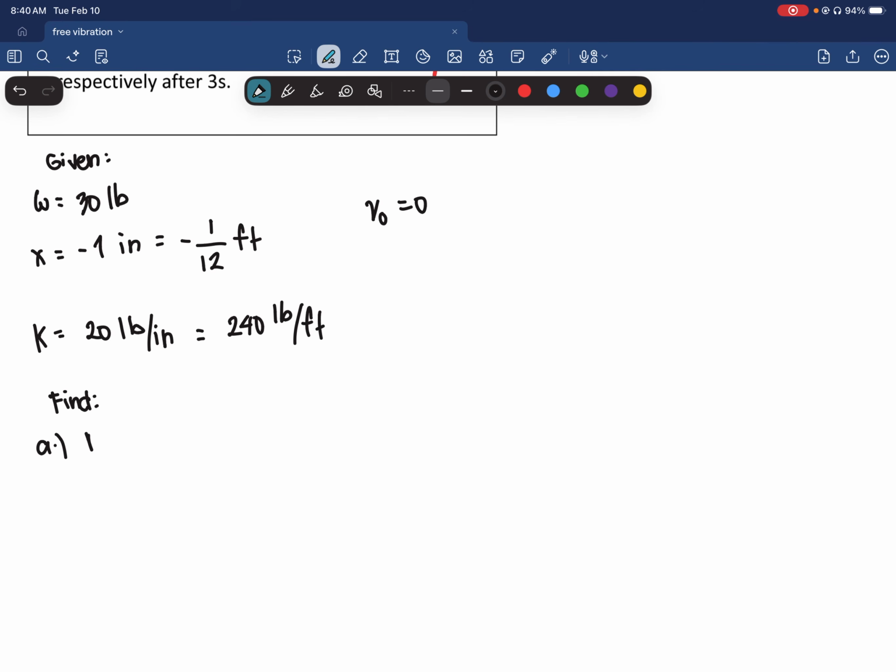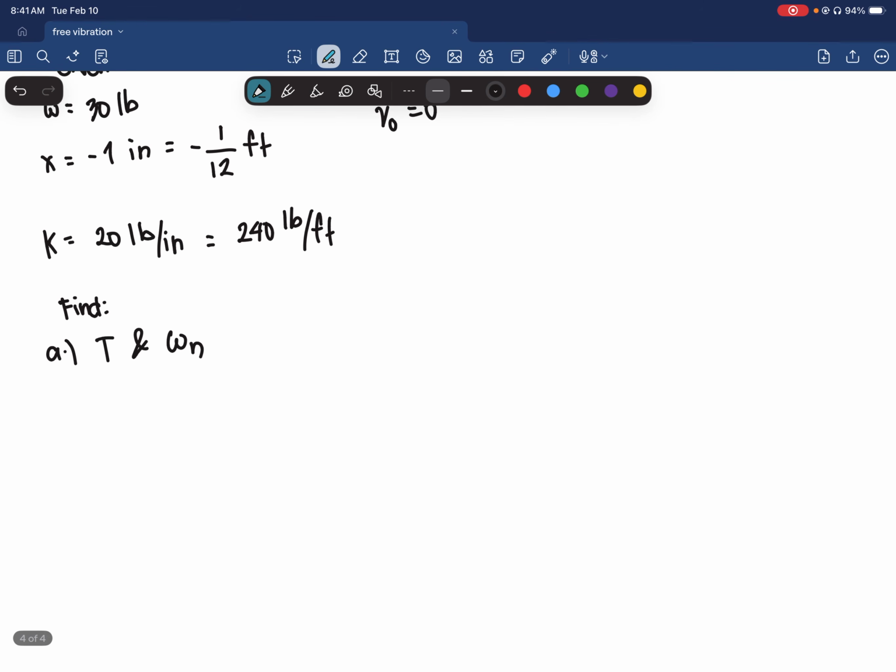So, we have the period T and the frequency omega n. So, this is B. A, equation of motion.